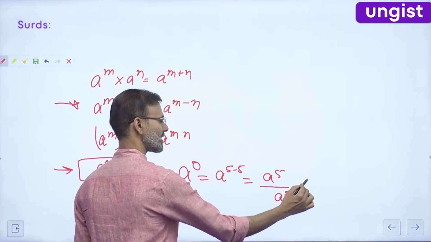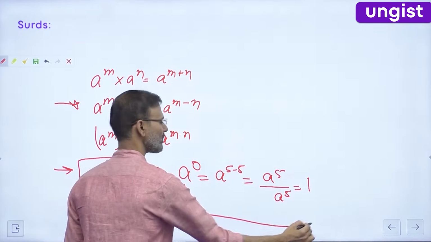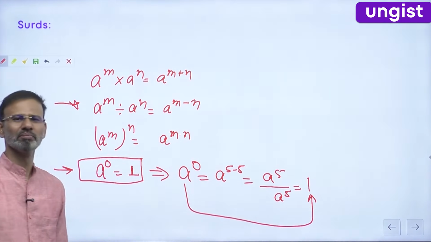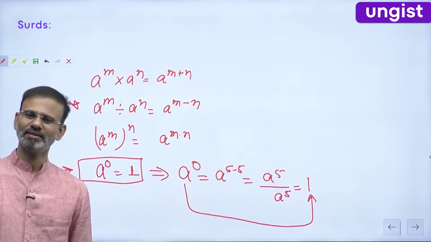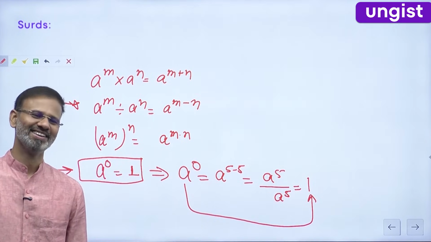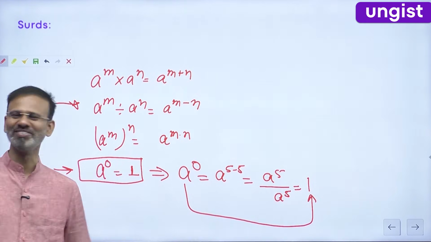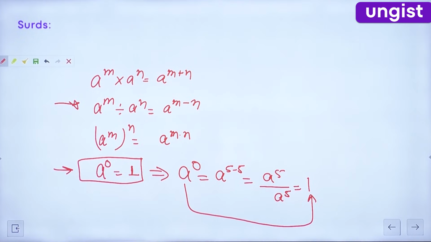So if numerator is the same as denominator, then the result is 1 only, yaar. What is the problem? ठीक है, नोट करिए इसको, आप कुछ नहीं जानते आप लोग. Yes, everyone, fine now? Okay. Clear, guys? Okay.